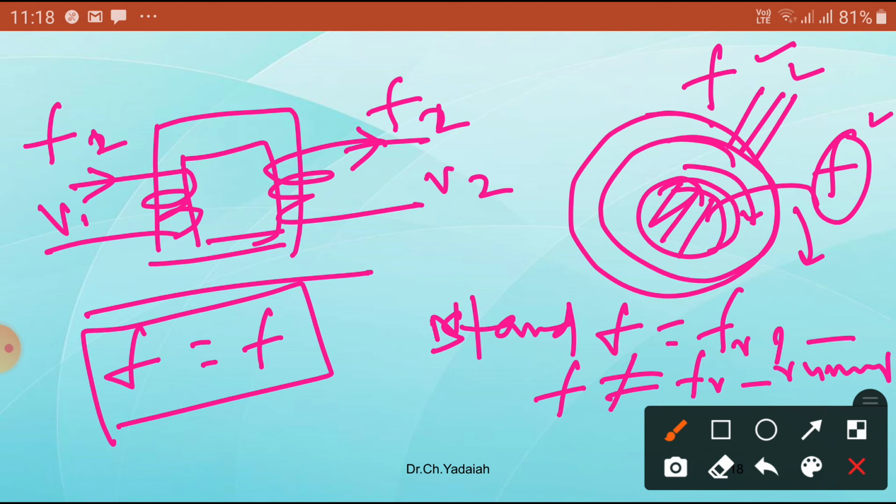If I give 50 Hz to a transformer, it is always 50 Hz at any load condition. But in our motor, initially 50 Hz is given, and before starting, the rotor frequency is also 50 Hz.